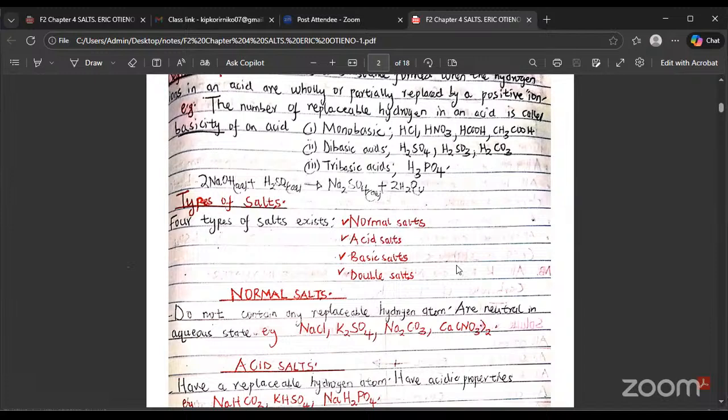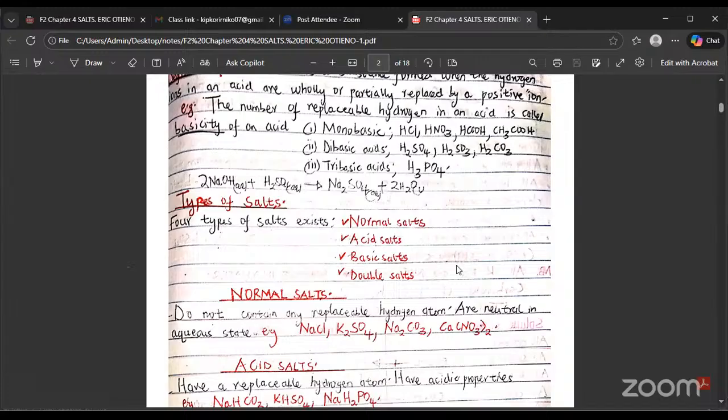And the good thing about chemistry, I normally tell students, is that everything changes with time. There are new developments, there are new inventions. So, types of salts. Number 1, normal salts. Number 2, acid salts. It is very important for you to remember the denotation of an acid.